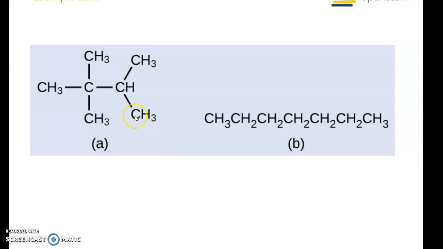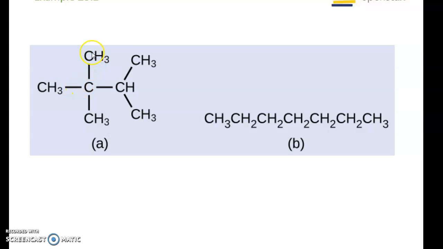But this one doesn't work quite that way. Here the longest straight chain you could have would be these 4 right here. So this is going to automatically be a butane molecule. So it'll be 1 methyl, 2 methyl. I guess the simplest way would be to do it from this side.